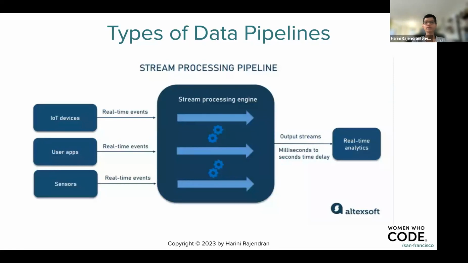All those events are passed through the stream processing application, your data pipeline, and then the stream processing engine continuously generates insights within maybe a few hundred milliseconds to a few seconds, and then you can do some sort of real-time analytics on the data that's being generated by your stream processing application or pipeline. So this is how a general stream processing pipeline would look at a high level.